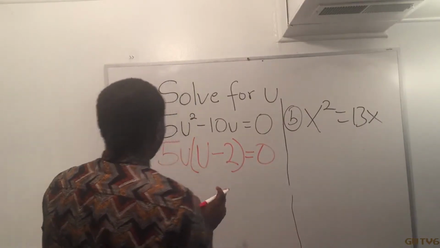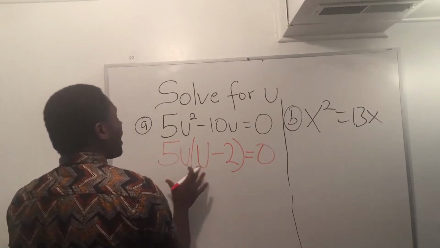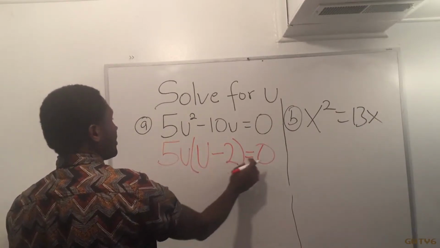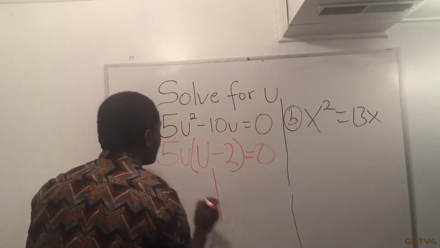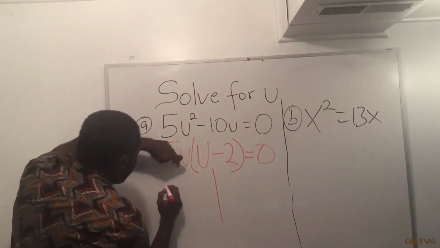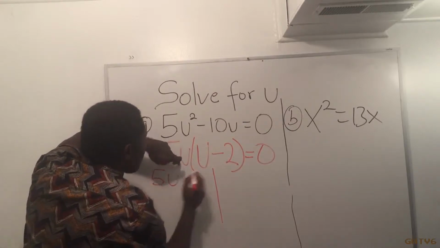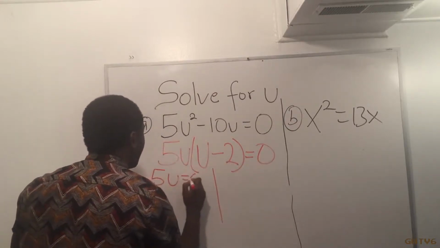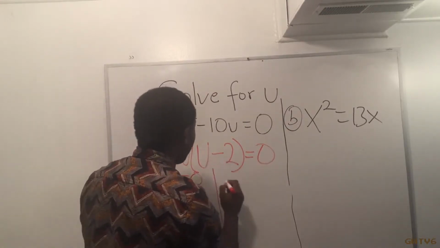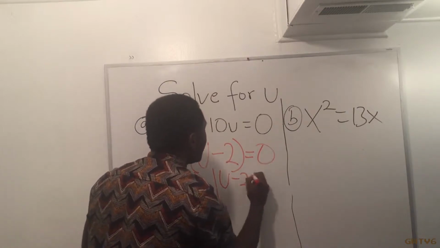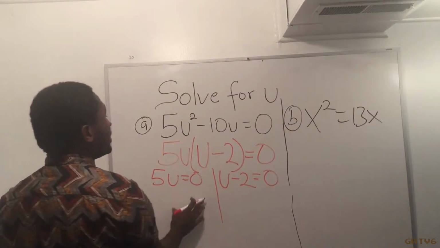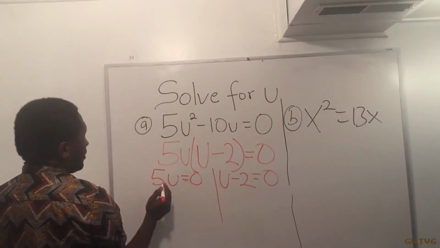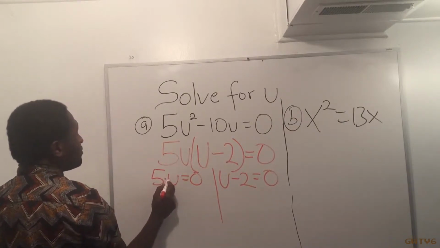Okay. So now I know the next step is when I have this set equal to 0, I have to break this down into 2. So I have 5u equals 0, and I'm going to have u minus 2 equals 0. And then I'm going to just solve for u for each one. So here, there's a times, 5 times u.